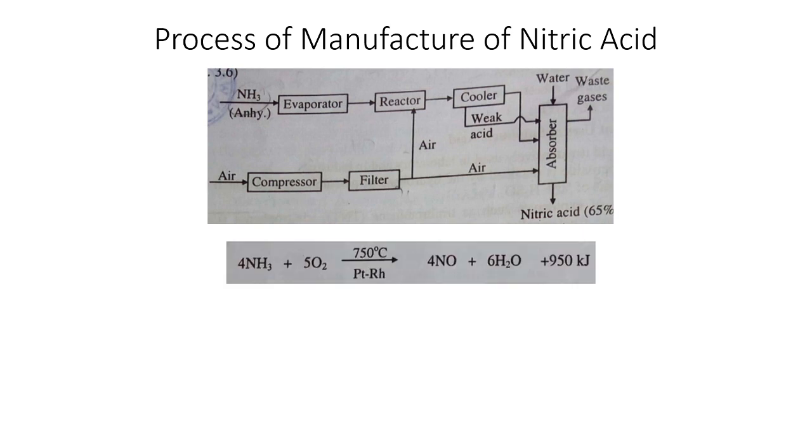So what actually happens in the reactor, which you can call a converter, is this: ammonia reacts with oxygen at 750 degrees Celsius on the platinum rhodium catalyst and gets oxidized to NO and water, and a lot of heat is generated when four ammonia molecules get converted to nitric oxide.